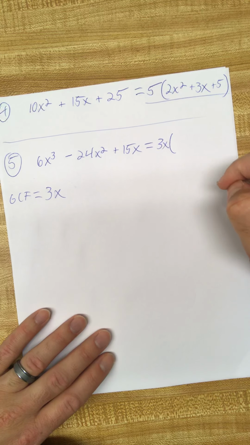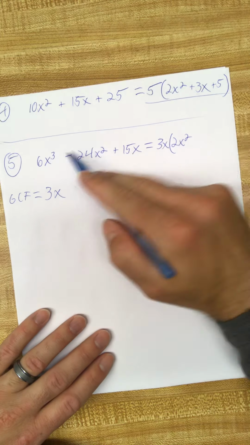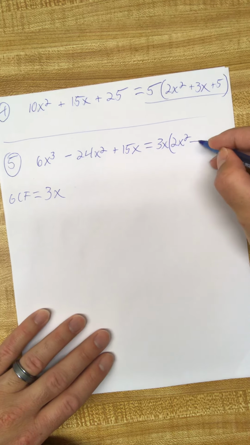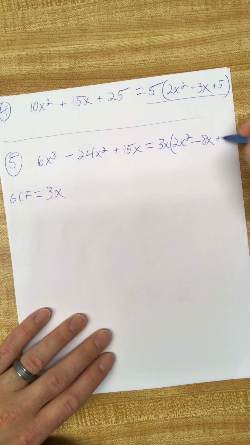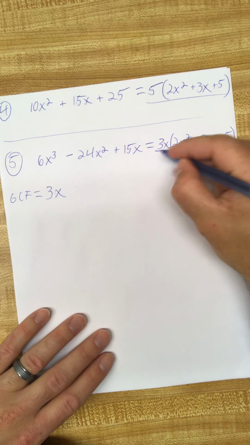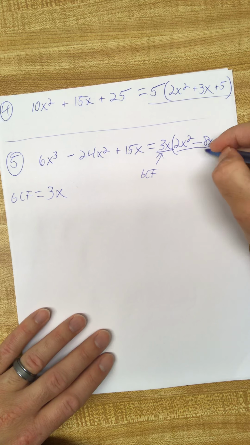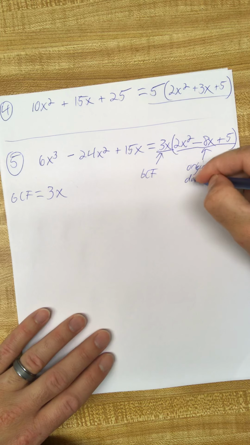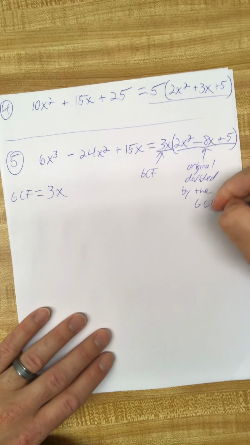So everything's going to get divided by 3x. 6 divided by 3 is 2, and I took one of the x's, so I'm down to x squared. I had x to the third. But with my GCF, I took one. Minus 24 divided by 3 is 8, and I took one of those x's. 15 divided by 3 is 5, and I took that x, so that's what I'm left with. And again, that's my GCF out front. This is my original divided by the GCF.